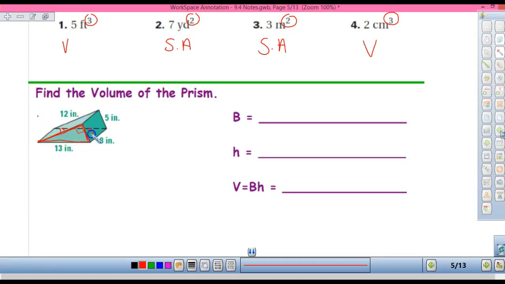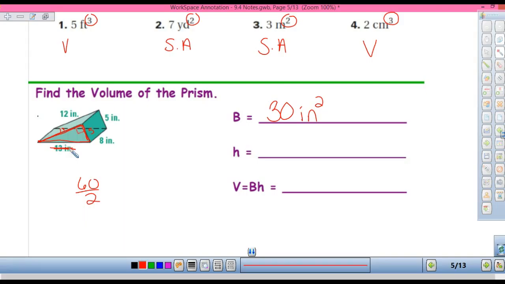Length of your base is 5, which gives you 60. Do not forget to divide that by 2. Area of your base is 30 inches squared.